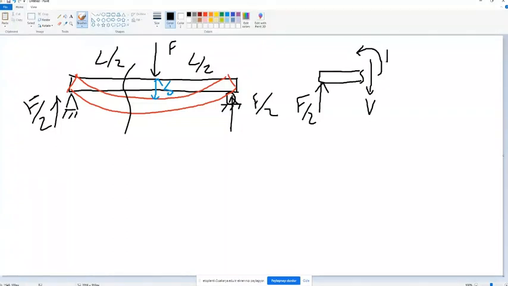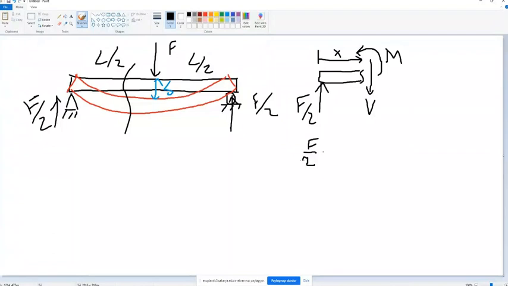So when you cut the beam, you will have reaction forces and the moment. So let me write the equation. I am breaking this zone from the beginning to the cut area we call X.